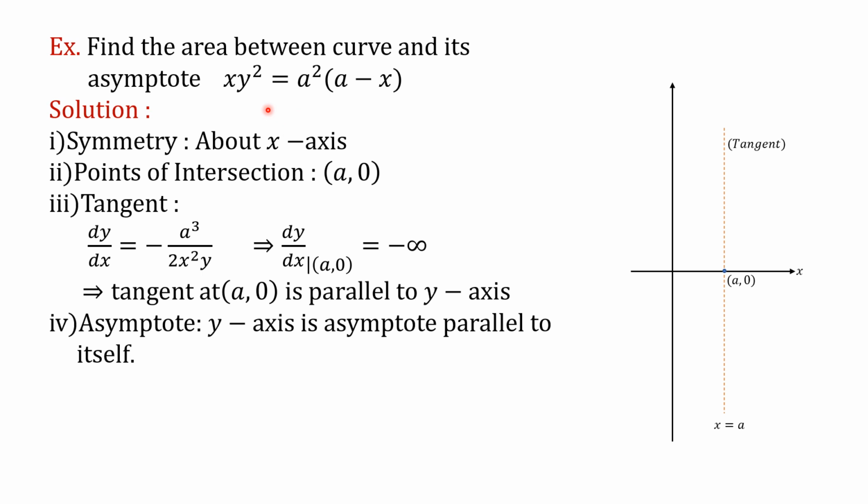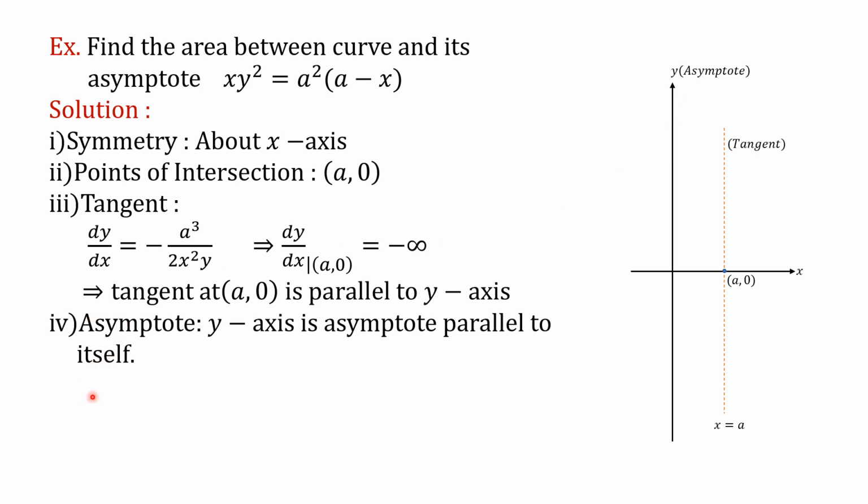To get the asymptote parallel to y-axis, equate coefficient of highest degree term in y, that is y square, to 0. So we equate x to 0, that is x equal to 0, and it is nothing but the y-axis. So y-axis is asymptote parallel to itself. So this y-axis is asymptote.